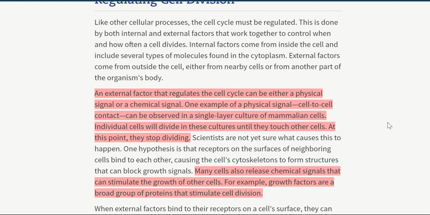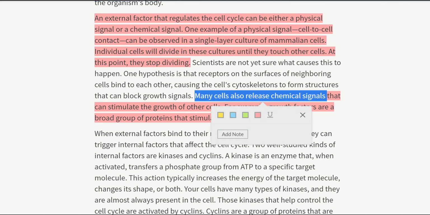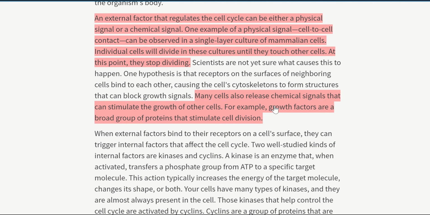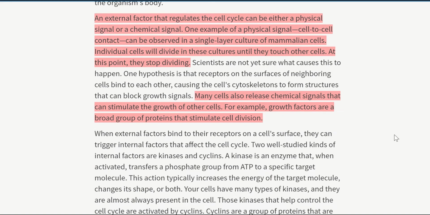Another way they know is by chemical signals. They release hormones, growth factors, or different proteins that then stop cell division. So there are several ways your body knows I need to create more cells versus I need to stop. And we call that cell division regulation.